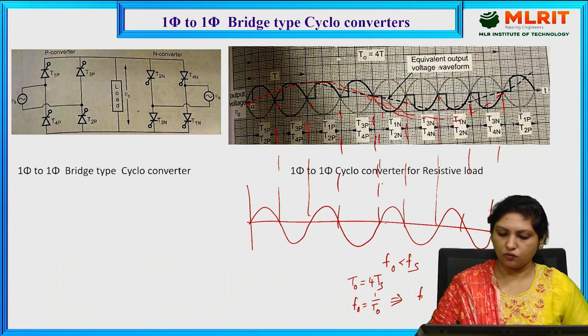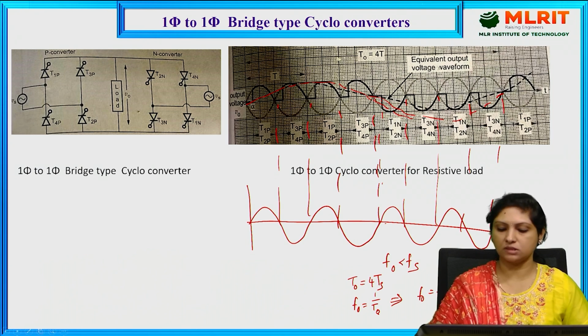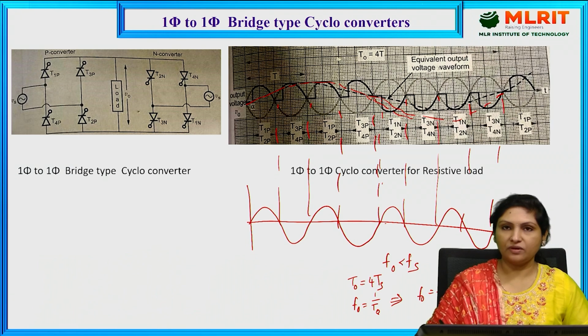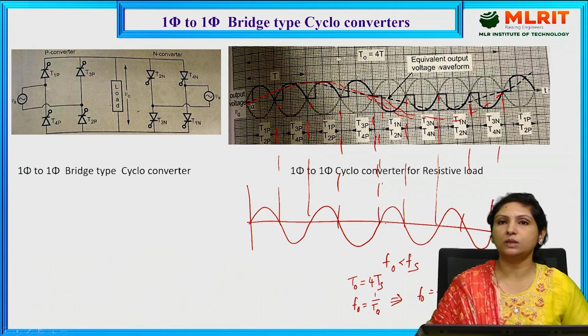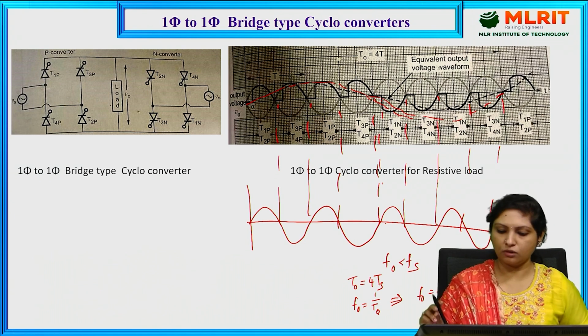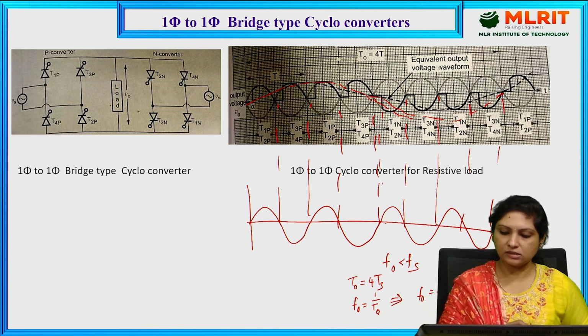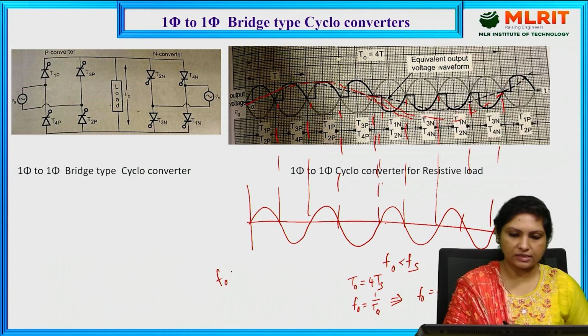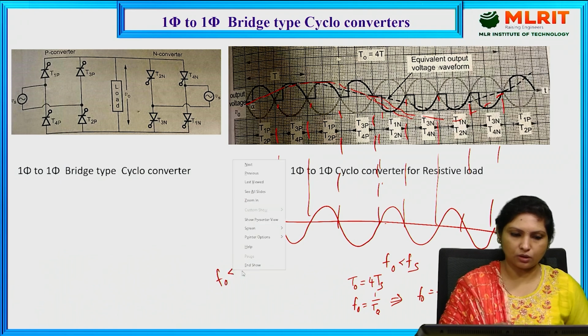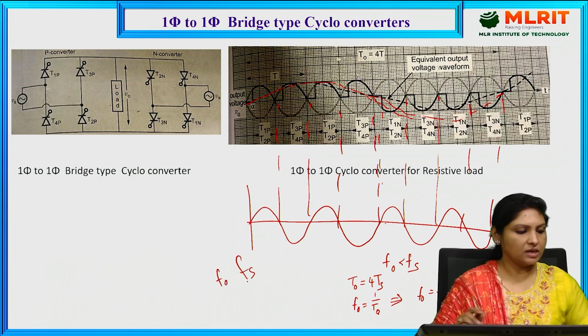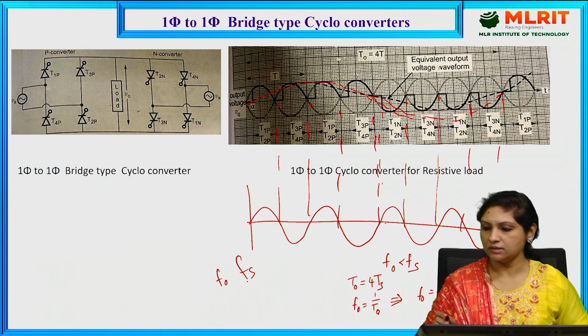Substituting 4 times the supply time period, we get f0 is equal to fs by 4. In that case, f0 is less when compared to the supply frequency. Hence, this is a step down cycloconverter.